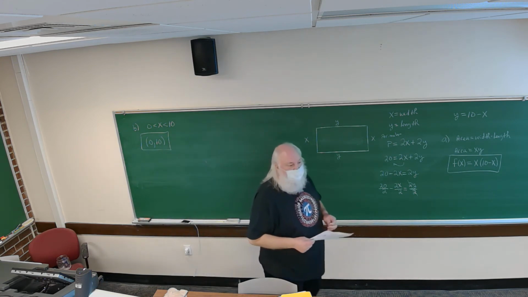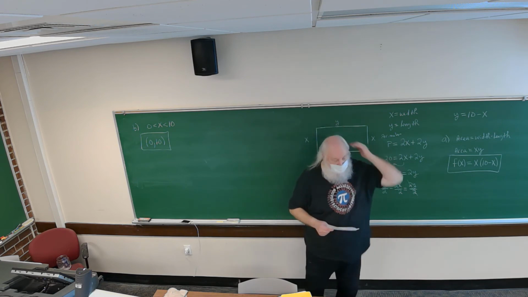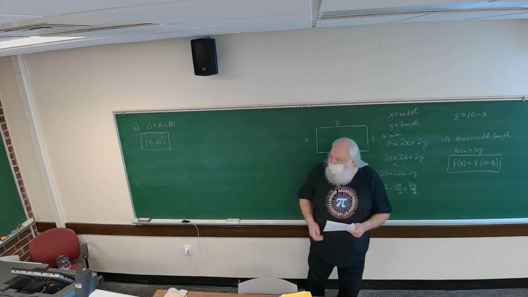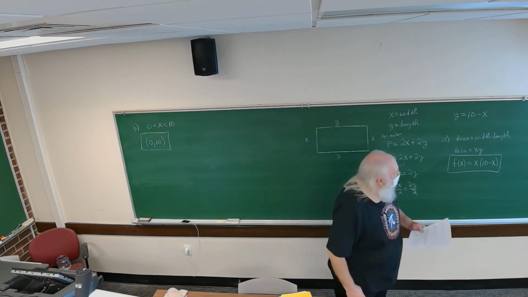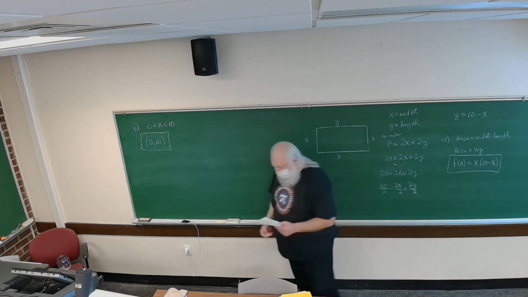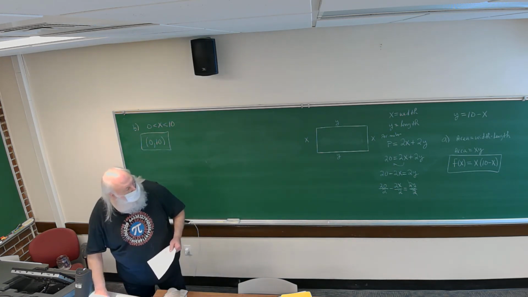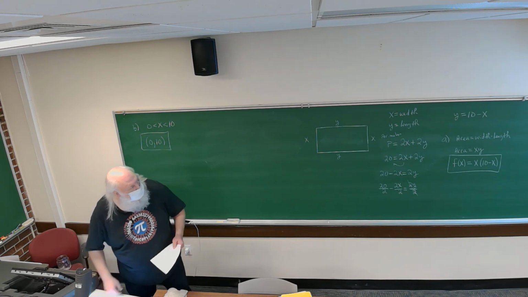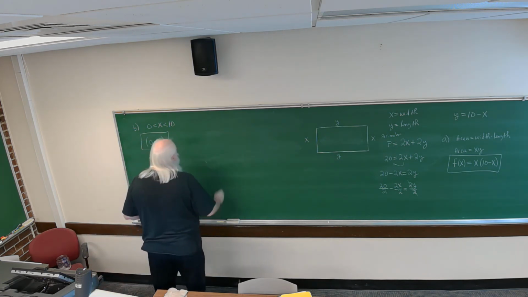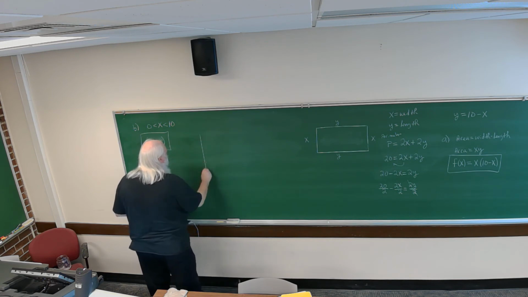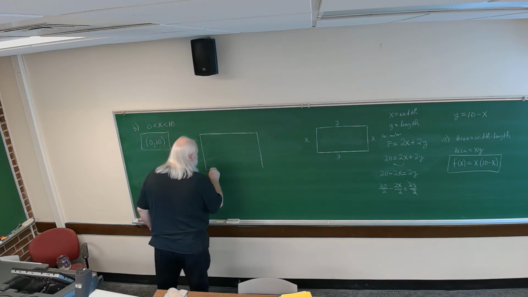Any questions on that? In example 3, an open box is to be made from a rectangular piece of cardboard, 10 feet by 4 feet. So let's draw a rectangular piece of cardboard, 10 feet by 4 feet.